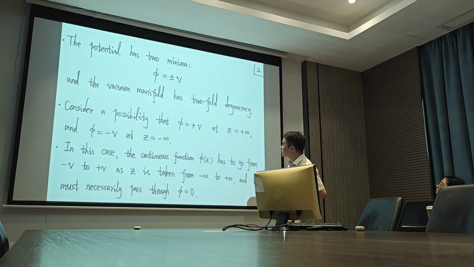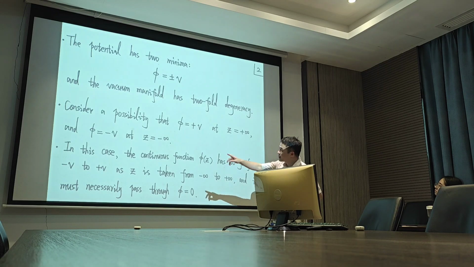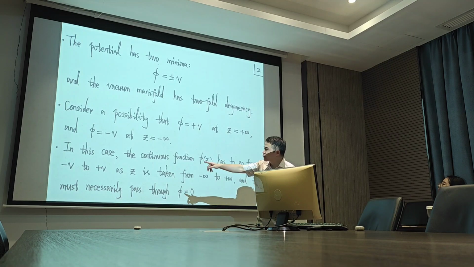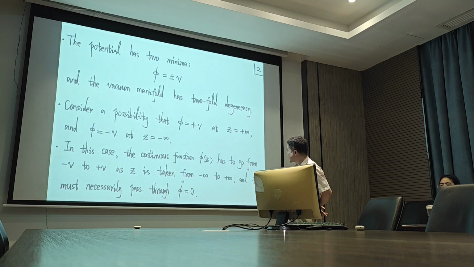Let us consider a possible boundary condition: phi equals plus v at z equals infinity, and phi equals minus v at z equals minus infinity. In this case, the function phi(z) has to go from minus v to plus v as z is taken from minus infinity to plus infinity.